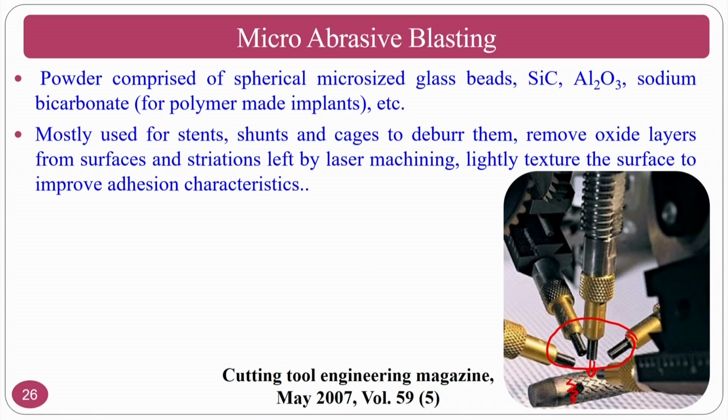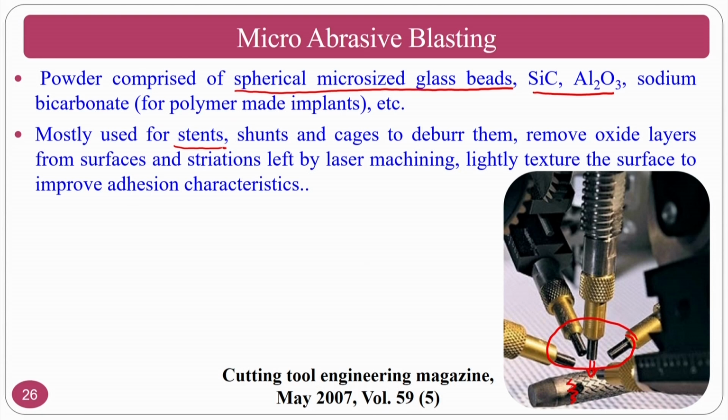The powder comprises spherical micro-sized glass beads, silicon carbide, alumina, or sodium bicarbonate for polymer implants. Normally sodium bicarbonate can be used for polymers. Otherwise, if it is a metal, then you can go for silicon carbide or alumina. It is mostly used for stents.